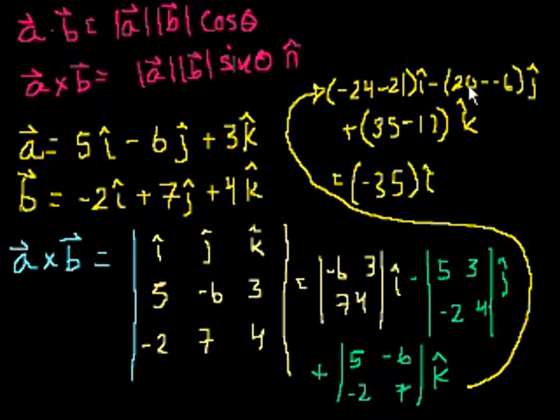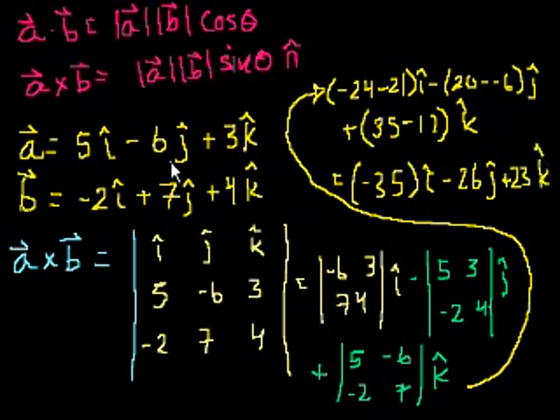And then what's 20 minus minus 6? Well, that's 20 plus 6, so 26, but then we have a minus out here. So minus 26J. And 35 minus 12, that's 23, plus 23K. So that's the cross product.